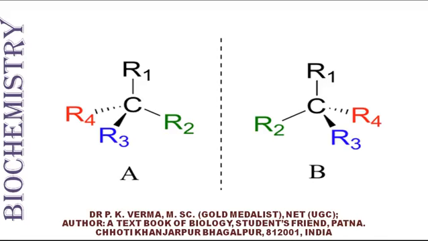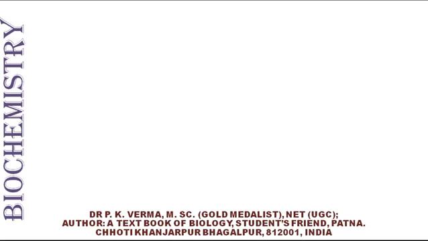Here is the nature of asymmetric group. Carbon has 4 bonds and all the 4 bonds are involved by 4 different groups R1, R2, R3, R4, etc. In that case, the carbon is called asymmetric or the chiral carbon.